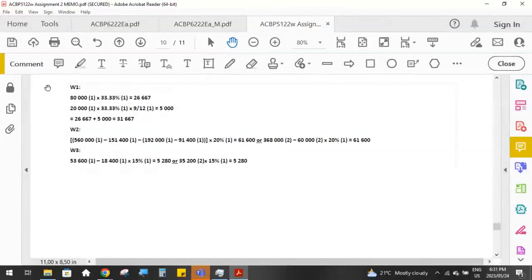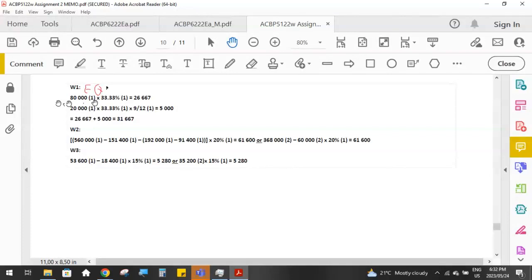So workings number 1, this is the workings for equipment. I'm just going to write the EQ. So the 80,000 was the opening cost value of equipment that we had on hand.